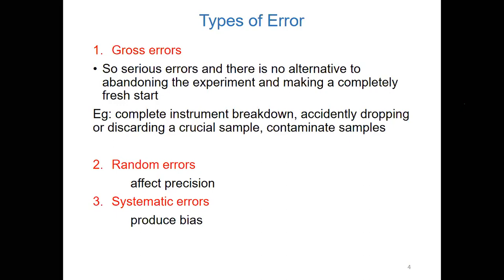Gross errors are so serious that we have no choice. There is no alternative, but we have to abandon the experiment and make a completely fresh start. If some gross error happens, we have to stop the experiment and start the entire experiment again completely.